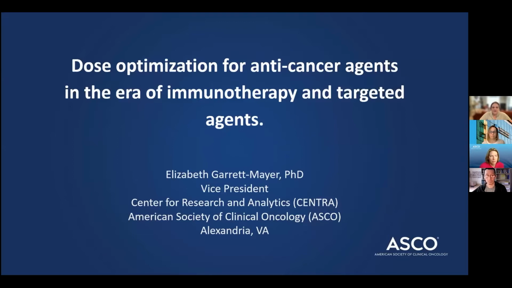In 2017, she joined ASCO staff, where she until recently led Biostatistics and Research Data Governance Division as a director. And today, Dr. Garrett-Mayer is a vice president of the Center for Research and Analytics at ASCO. Throughout her fruitful career in oncology biostatistics, Dr. Garrett-Mayer co-authored nearly 300 peer-reviewed publications, co-edited 2 books, and wrote 9 book chapters. And today she will tell us about early phase design considerations for oncology drug development in the era of immunotherapy and targeted agents. Thank you.